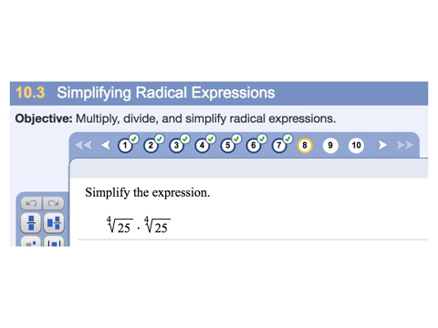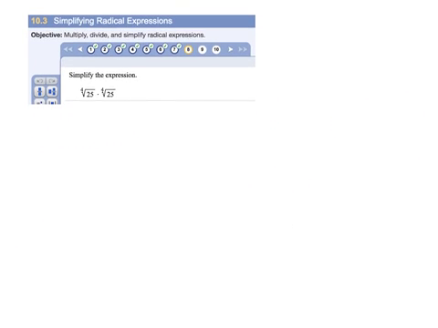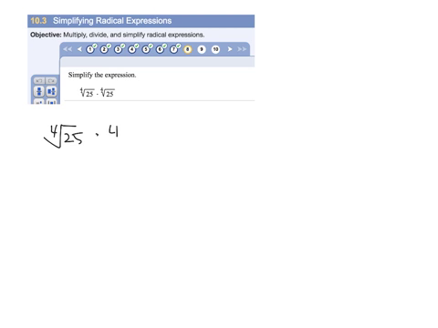So they're taking away some of the scaffolds here, and so we end up with the fourth root of 25 times the fourth root of 25. Now we know that 5 times 5 is 25, but we need the fourth root. We would only have the square root.